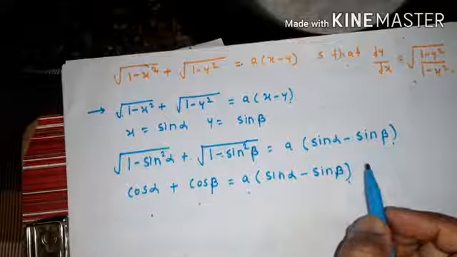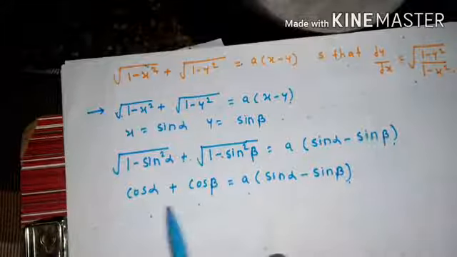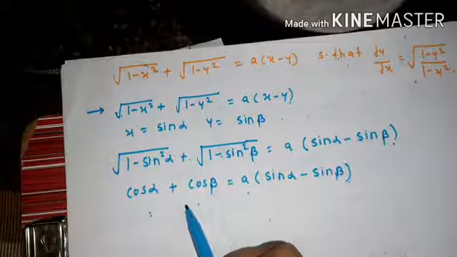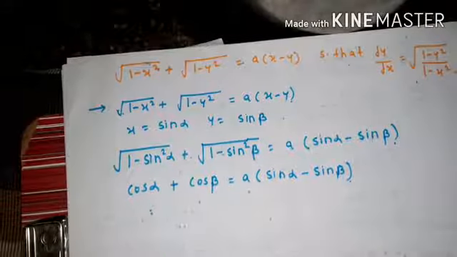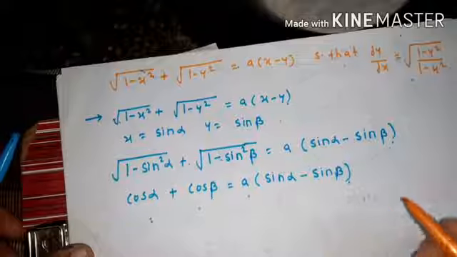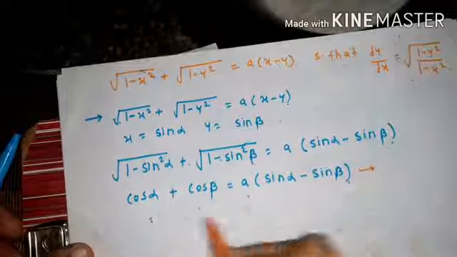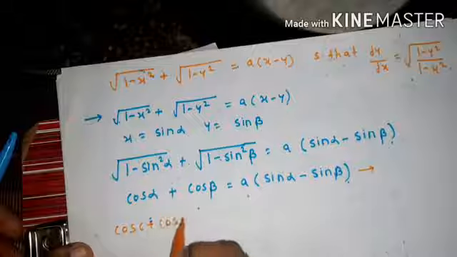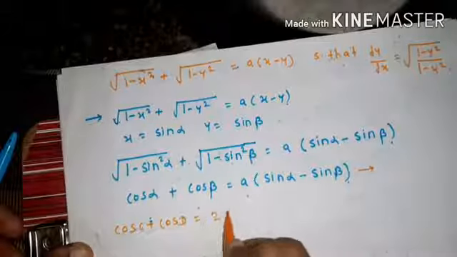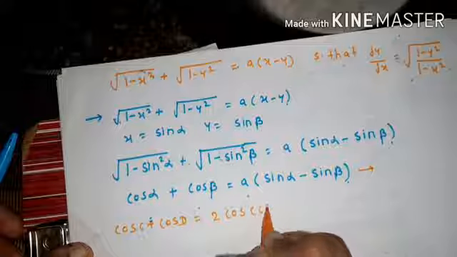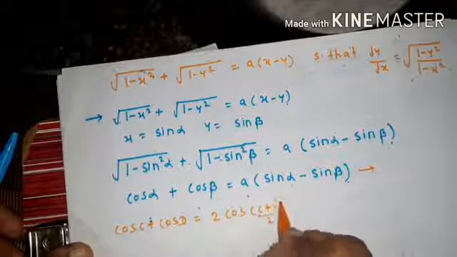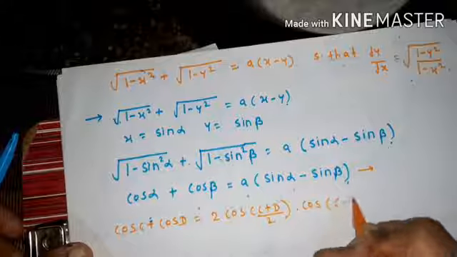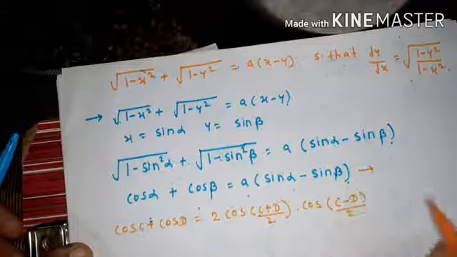Students, here we have cos alpha plus cos beta. You know the formula for cos C plus cos D: cos C plus cos D equals 2 cos of C plus D by 2 into cos of C minus D by 2.